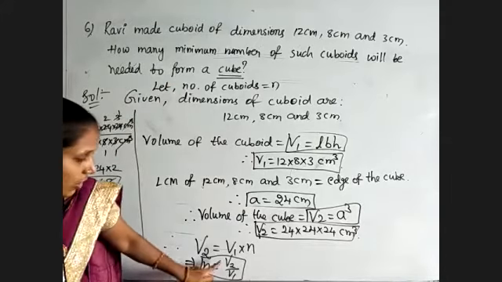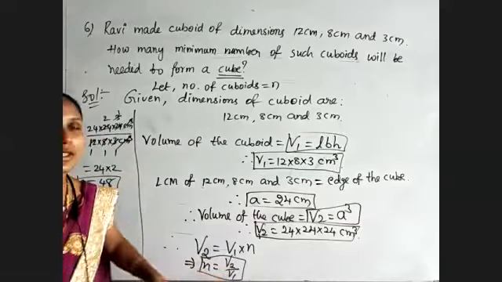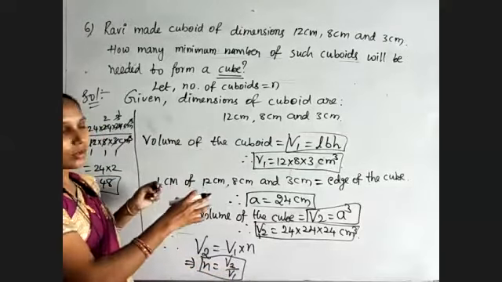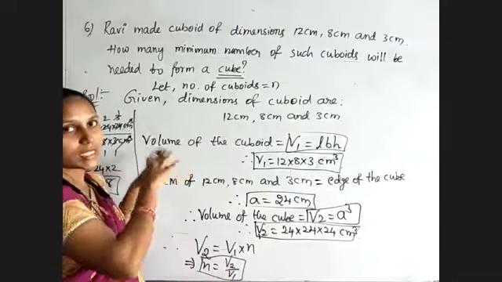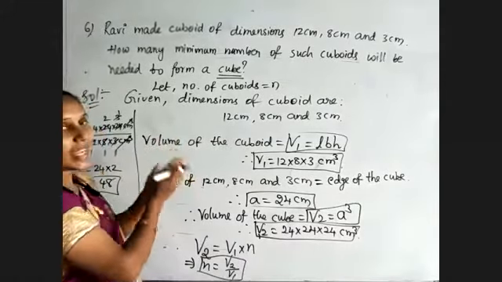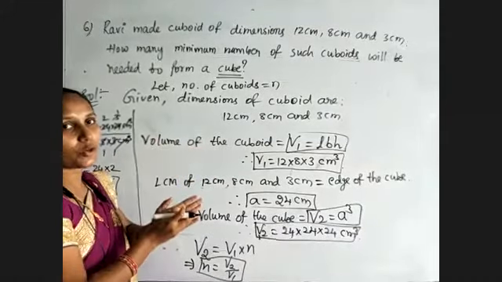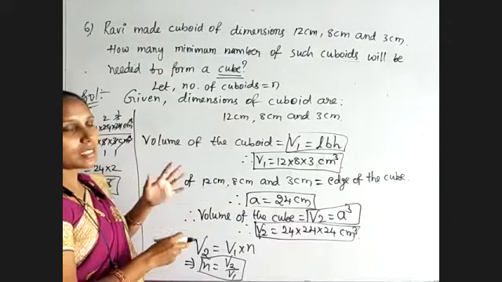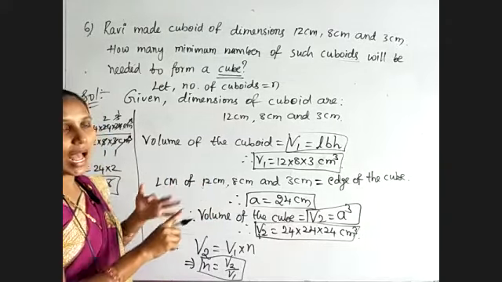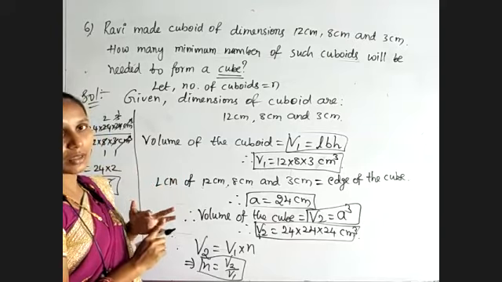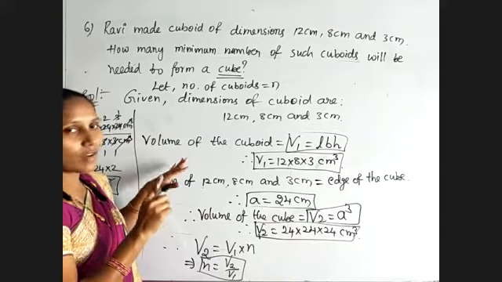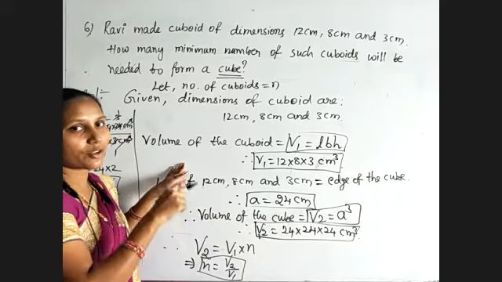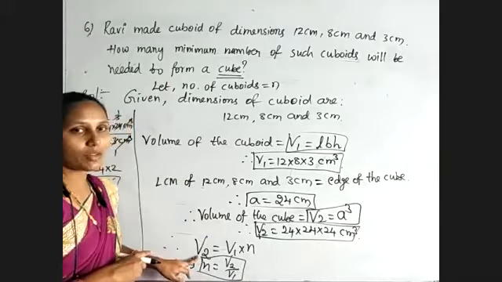And why did we get V2 is equal to V1 into N? Just now I have shown, the total cube is formed by placing smaller cuboids to occupy the total place of the cube. The volume of one cuboid, all the cuboids having the same value, into the number of cuboids will give us the volume of the cube.